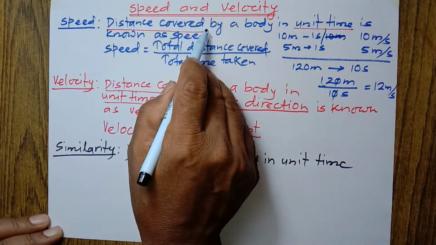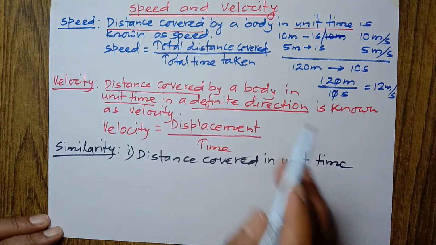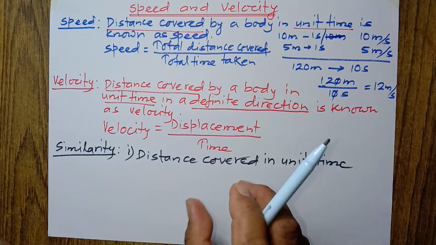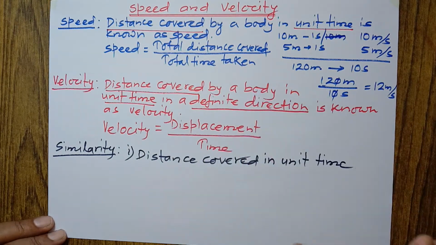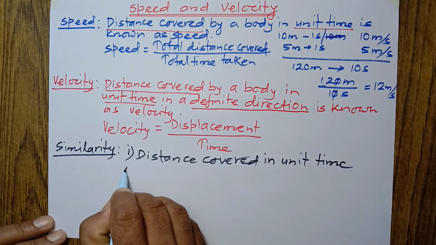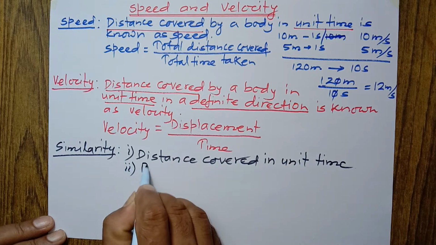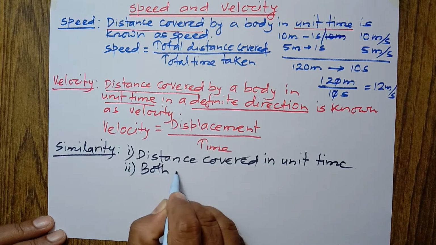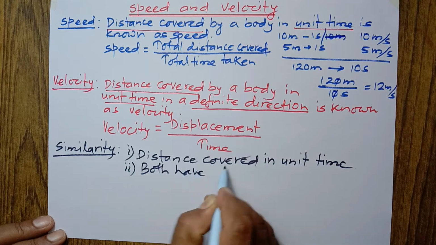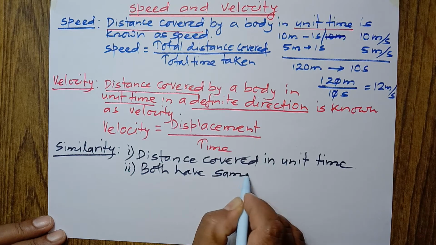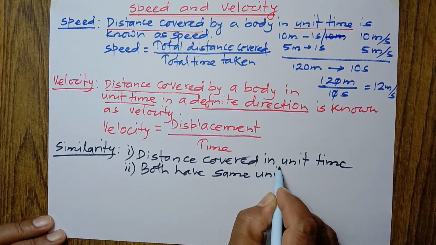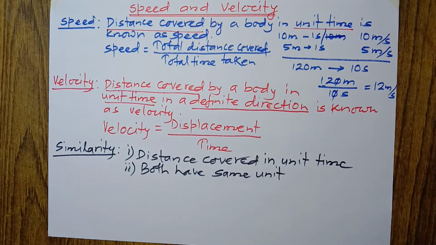Look at this, here also distance covered in unit time. This is also distance covered in unit time. This is the similarity between these two physical quantities. And second similarity, both have the same unit. These are the similarities.